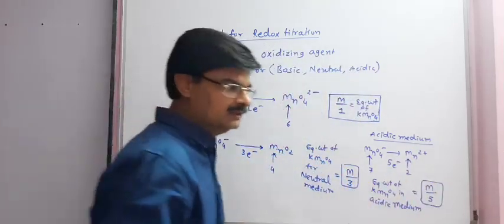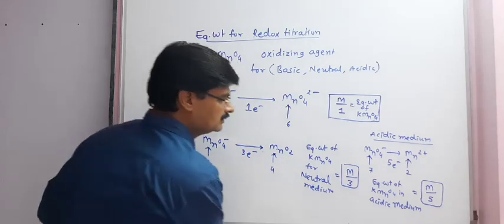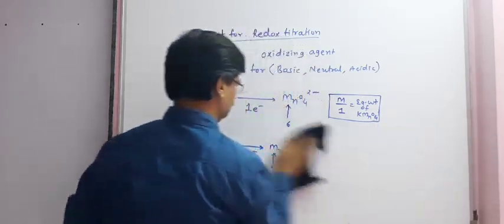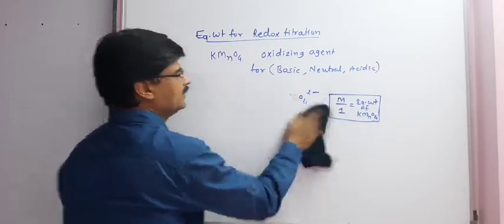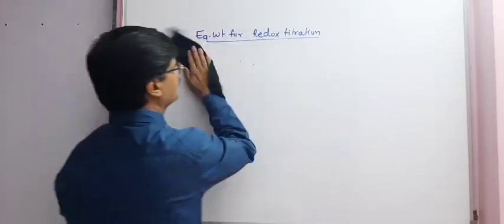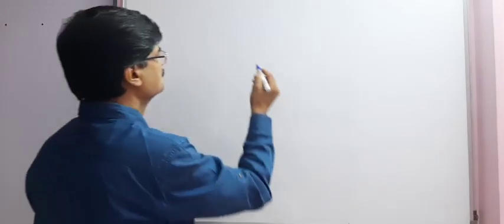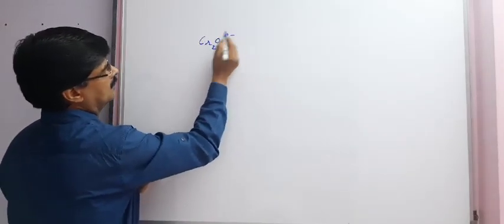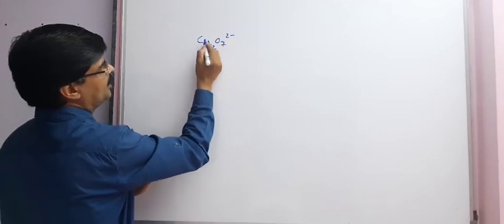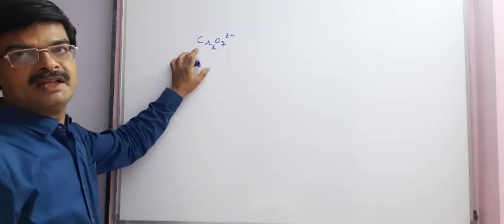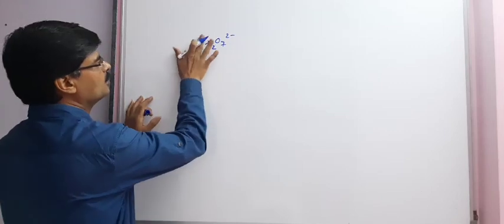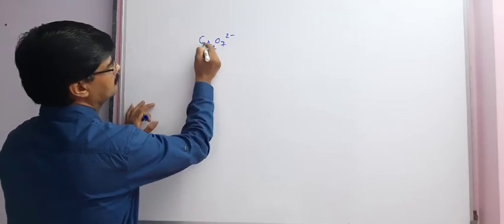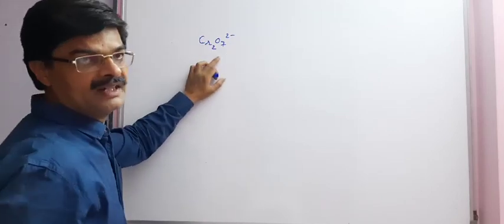Now we will study the Cr2O7 2 minus ion, the dichromate ion. Take the example of potassium dichromate. It has the Cr2O7 2 minus ion.